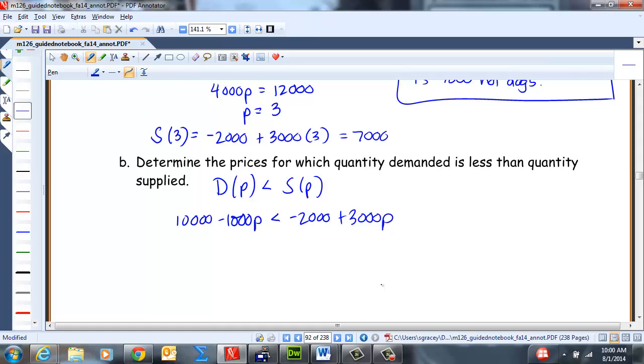So if I subtract 3,000 times P from both sides, I'll get negative 4,000 times P is less than negative 12,000. And then dividing both sides by negative 4,000, you have to flip the inequality. So you would get P is greater than 3.